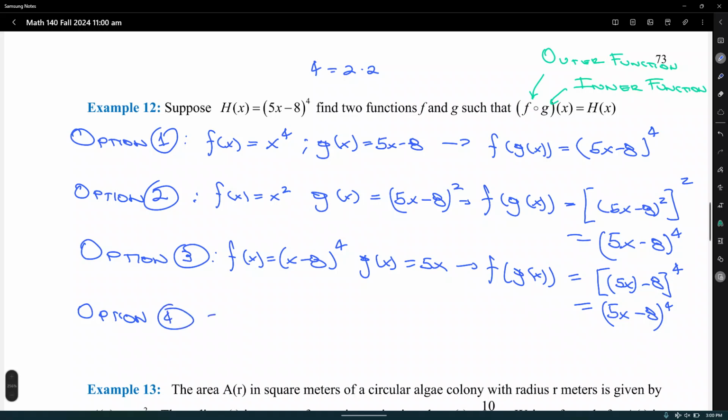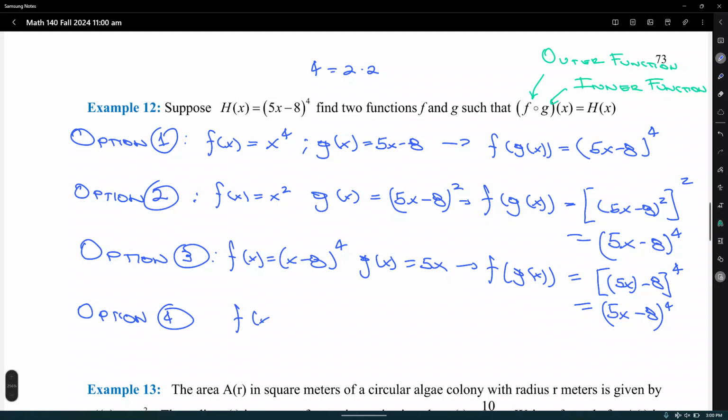Option number 4. You can play with the different operations, the different grouping symbols, etc. Let's say, for instance, f of x.